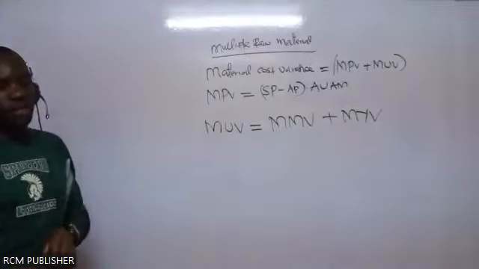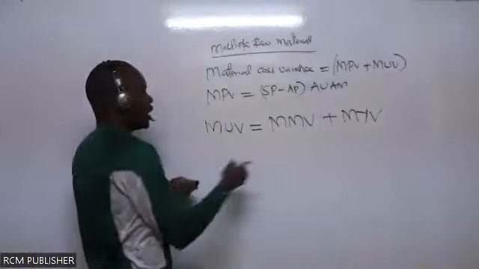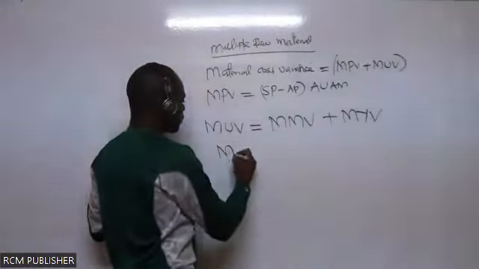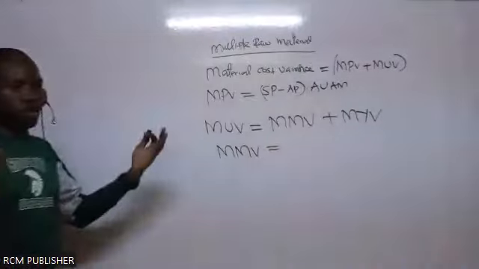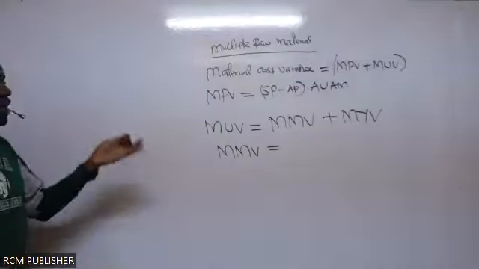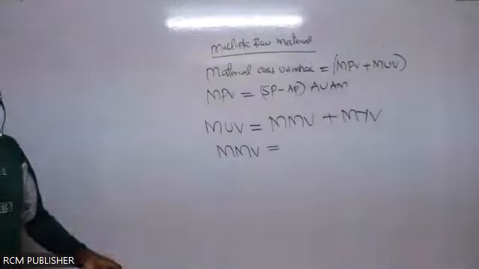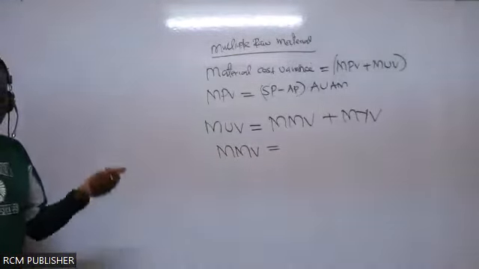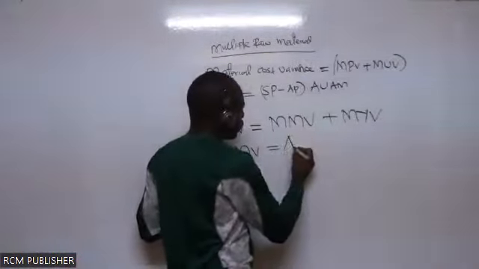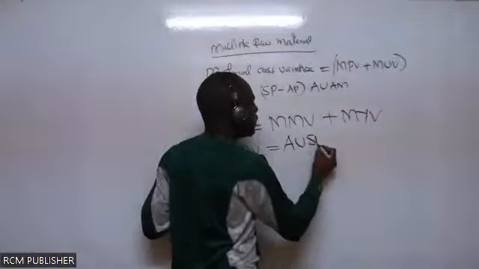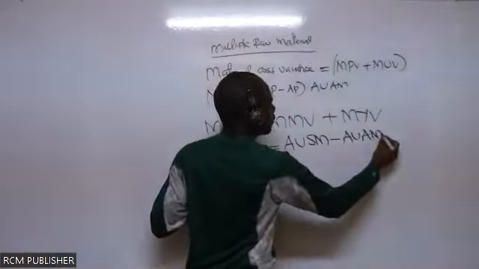So after dividing it into two, we now need to get each. Material mix variance: we are mixing them. In what proportion are we now mixing our material? So the material mix variance will be actual usage in standard mix minus actual usage in actual mix.